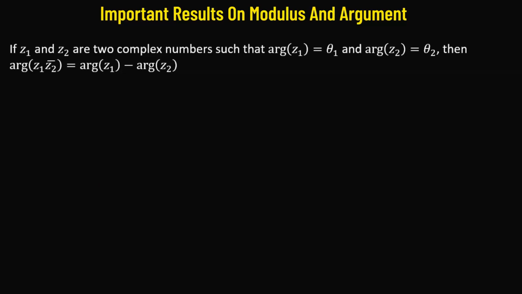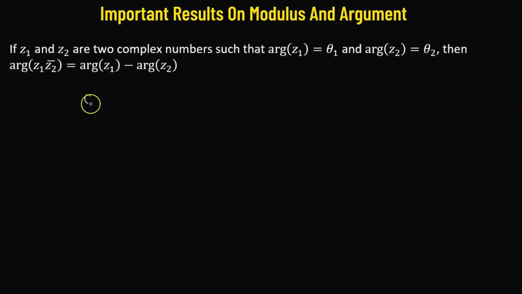So we have two complex numbers z1 and z2, and it's given that the argument of complex number z1 is theta 1 and the argument of complex number z2 is theta 2. Then if we take the argument of complex number z1 times the complex conjugate of complex number z2, that's given by argument of z1 minus argument of z2. Now before beginning, we are going to consider two results that we have already proved in the previous two problems.